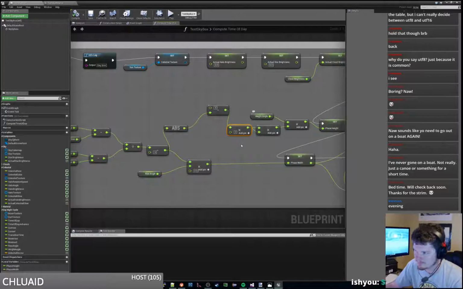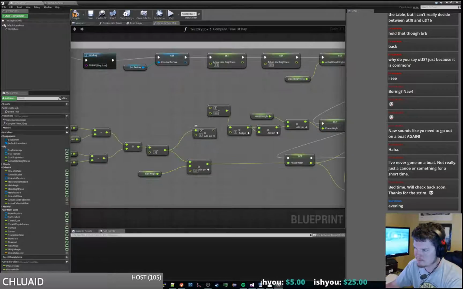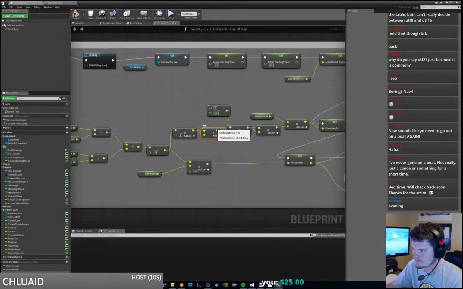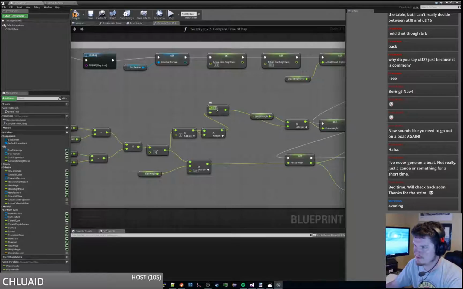Well, before we invert it, we need to multiply it by itself. So we need to multiply this by 2. And then multiply it by itself. And then subtract it. And it should be 1.0 minus that value.